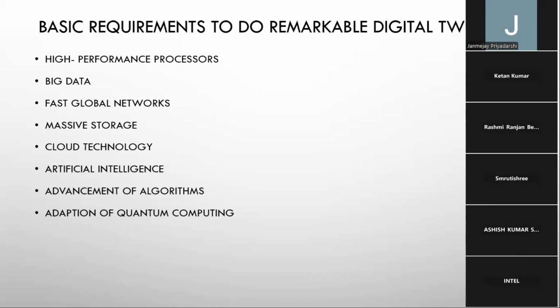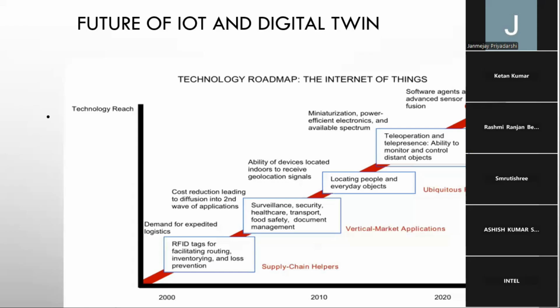Supercomputers are based on the parallel concept of the classical computer, but that will also fail. So the new concept will be quantum computing. Through quantum computing and the advancement of algorithms for quantum and parallel computing, we can achieve remarkable digital twin design. So what is the roadmap?